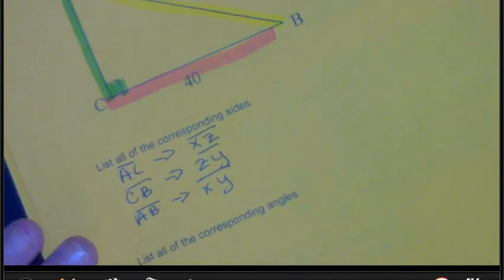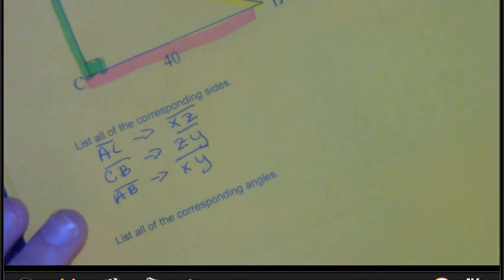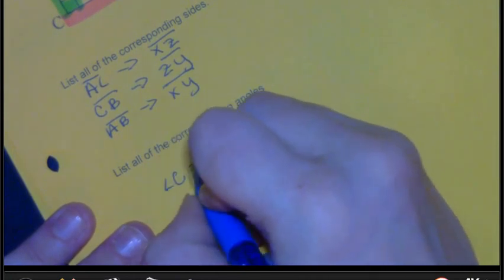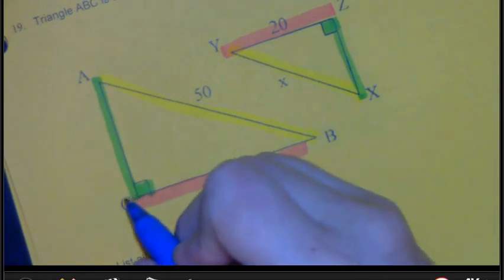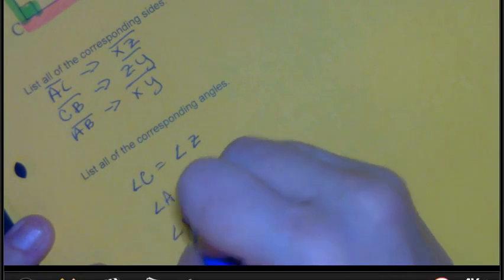Those are my corresponding sides. Now let's talk about our corresponding angles. Well, I know that C and Z are corresponding, so I know that angle C is equal to angle Z. Based off of looking at this, if I look at my green, I know that A is corresponding to X, so angle A is equal to angle X, which then leaves angle B to equal angle Y.